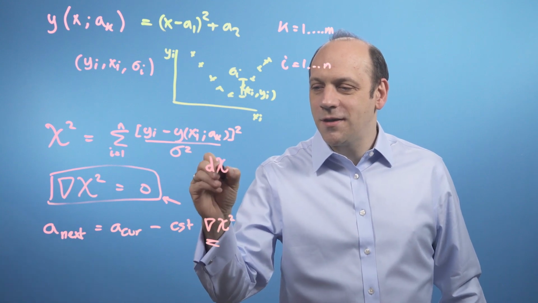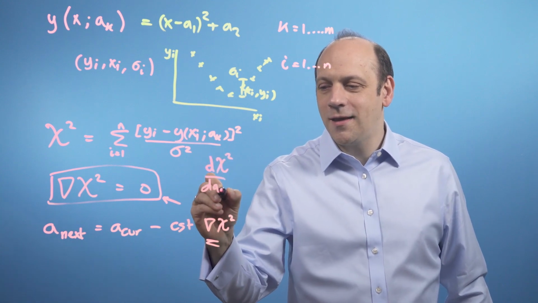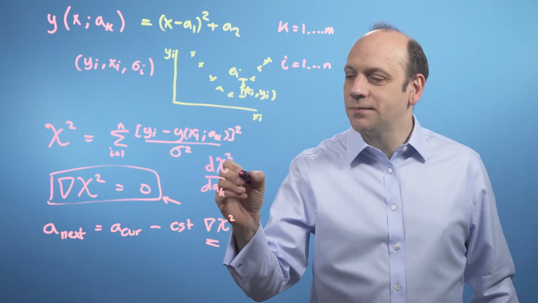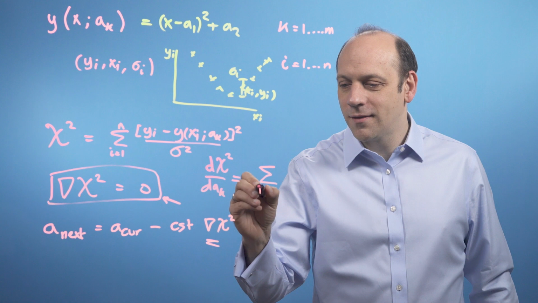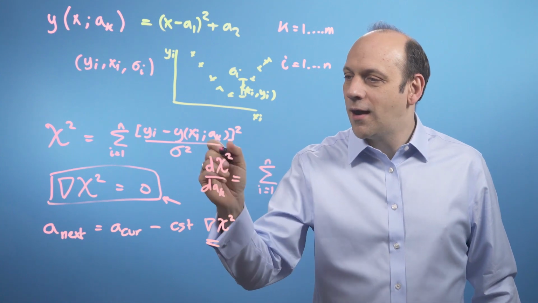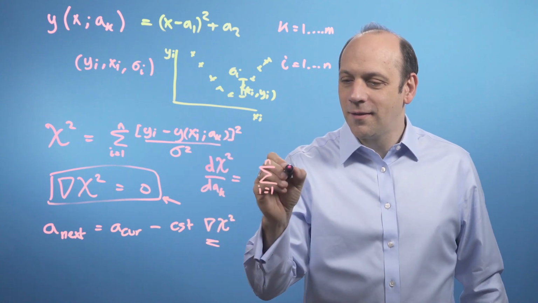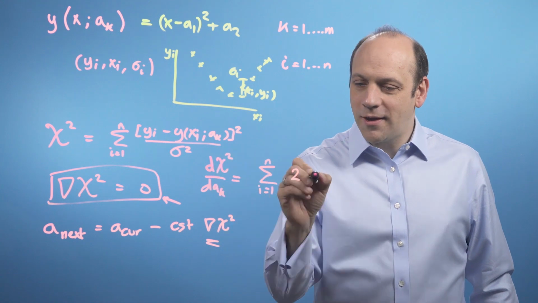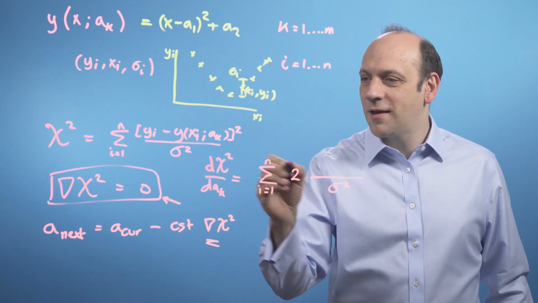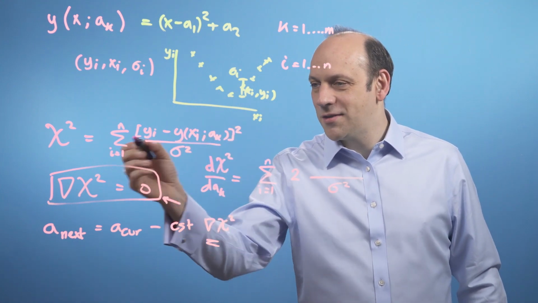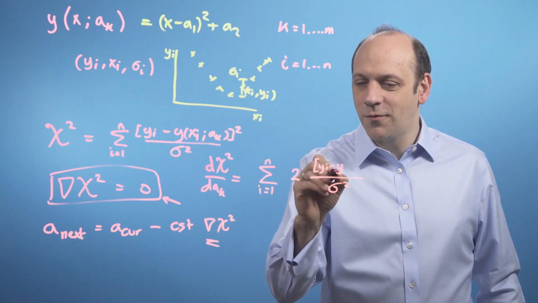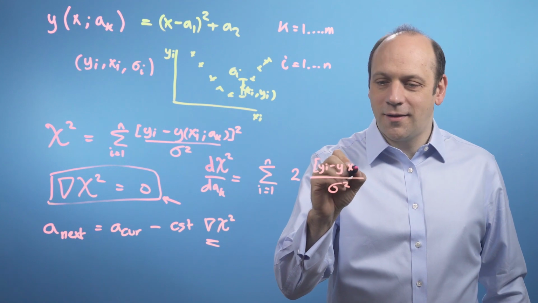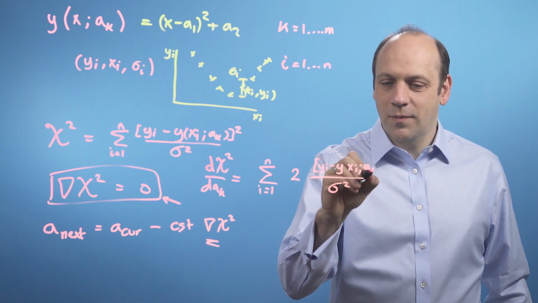So I've got to do d chi squared by dak for each of the k's in turn. And when I do that, well, the sum has nothing to do with k, because it's to do with i, and I'm going to get a 2 down, and the sigma squared has nothing to do with k. When I differentiate this, I'll get the 2 down, and then I'll have the bracket itself, yi minus y of xi and the ak's.